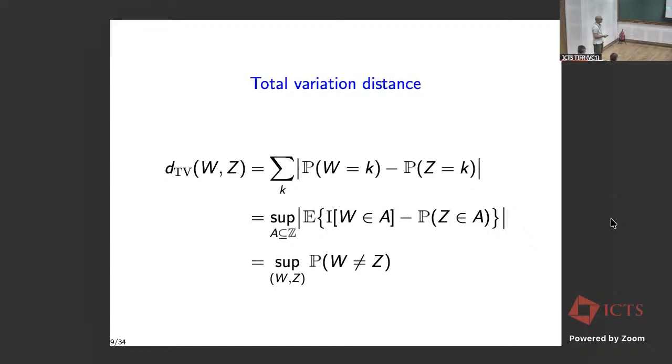So you compare these two quantities, or you can think of this as well, that's sort of a Kantorovich-Rubinstein result for a specific metric, that this is equivalent to, sorry, this should be the infimum, not the supremum. This should be an infimum over all couplings of W and Z, and you look at the probability that W does not equal Z. So you're trying to minimize this quantity, the probability of the best possible coupling not being the same. So again, this should be an infimum here.